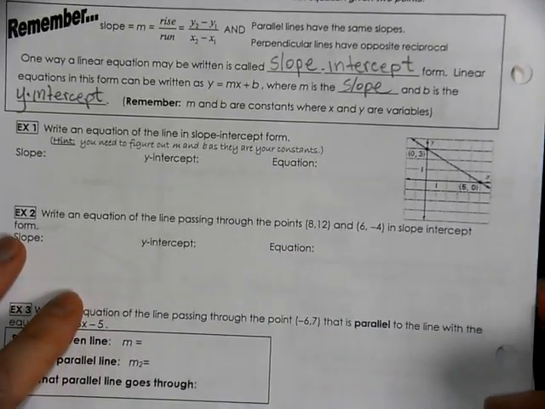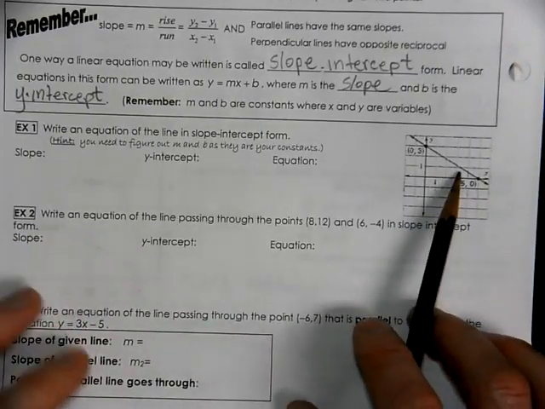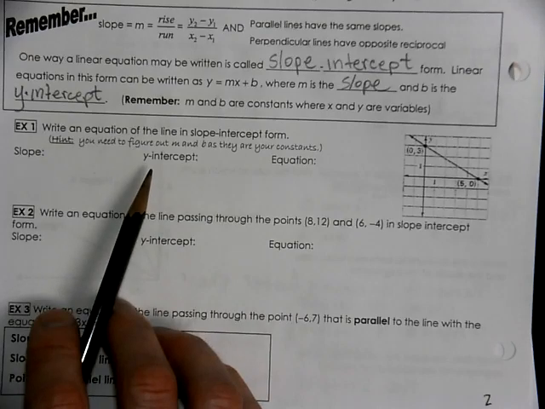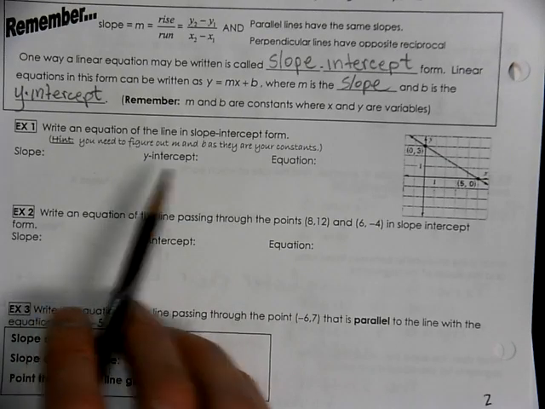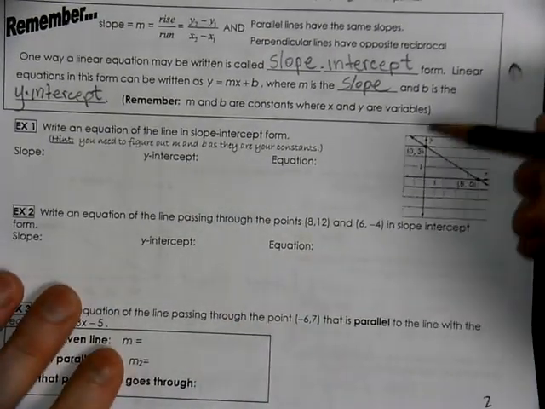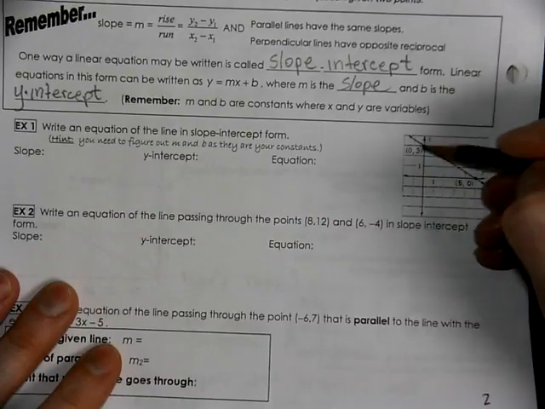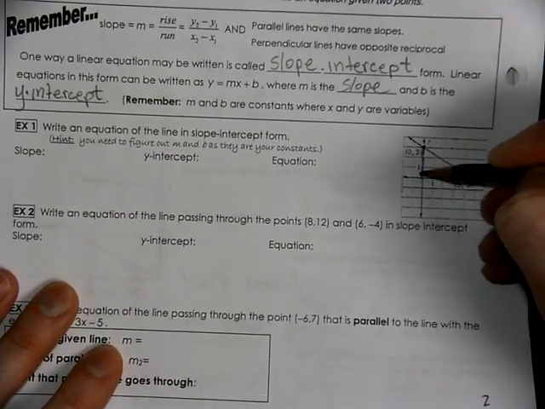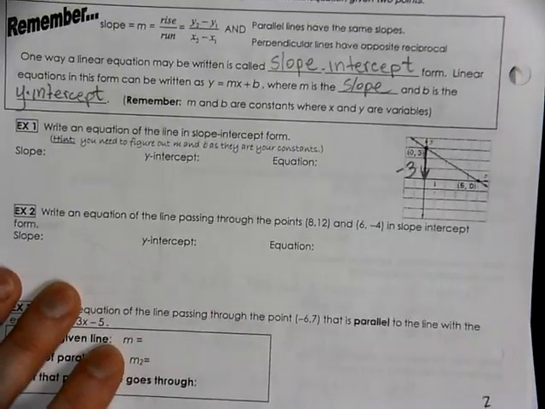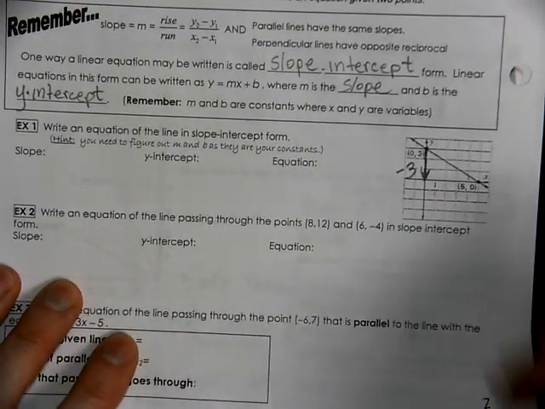So we're going to come here and look at our graph. We're going to calculate our slope. We're going to calculate or look at our y-intercept and write our equation. So using from one point to another, it shows that we're going down 3, so we'll call that negative 3.